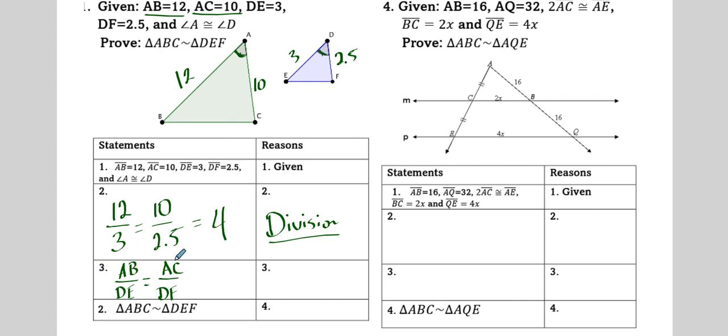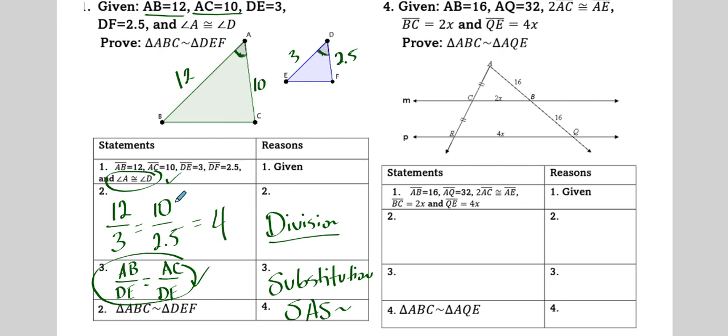I need to show that I have proportional sides. That's what I'm showing for side, angle, side. So I have proportional sides, and I have the angle that's included in between them. This was the property of substitution. But that completes what I need to show side, angle, side similarity. I need a proportion with the sides, and I need the pair of angles congruent to each other.